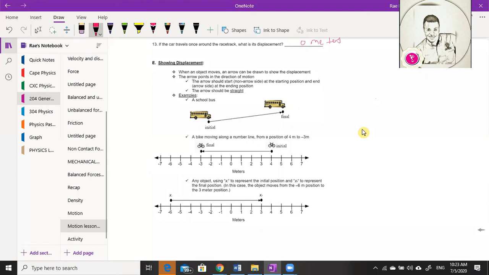What happened to you? Your internet is chipping in and out. And at the ending position. Straight. Examples: a school bus, a bike moving along.